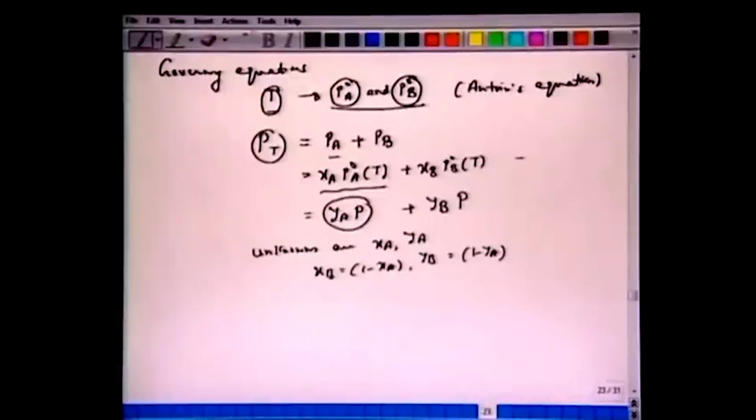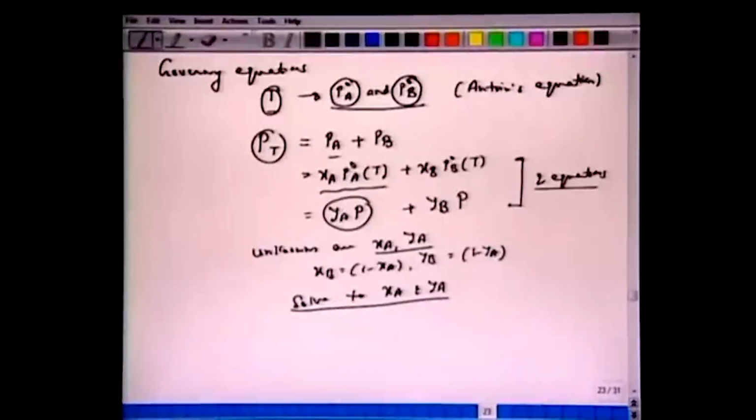So we have two equations, these are the two equations we have, and we have two unknowns to solve for XA and YA. So one can solve for XA and YA for different temperatures to obtain this TXY diagram.